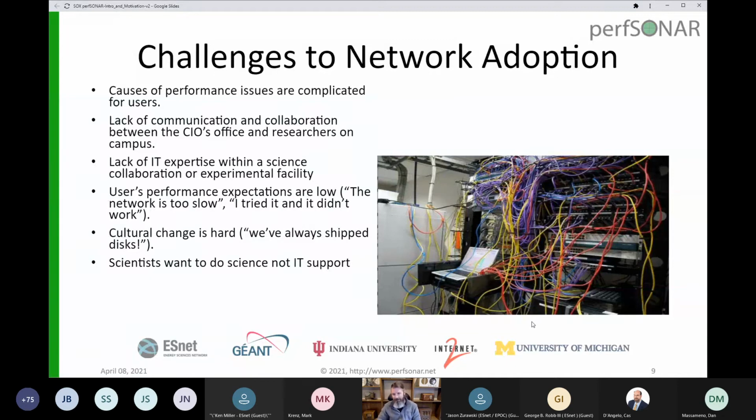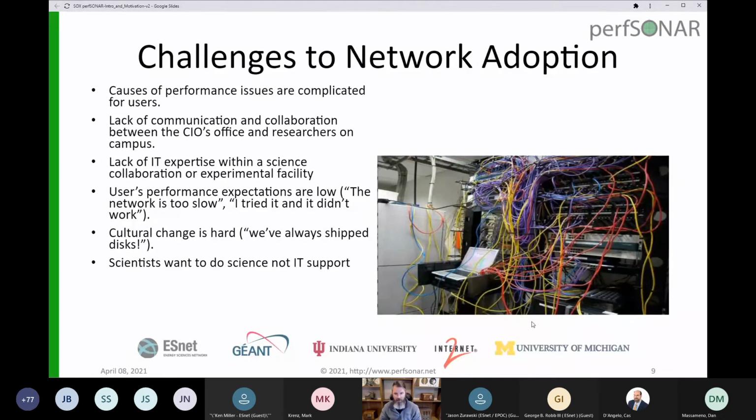The other thing too is a lot of times it's hard to communicate actual needs from researchers to network people, and from network people on up the stack to maybe the CIO's office. And understanding those use cases and what researchers are actually trying to do versus how the network was constructed or the paths that they're using to transfer that data, that stuff is all out of the researcher or the end user's control.